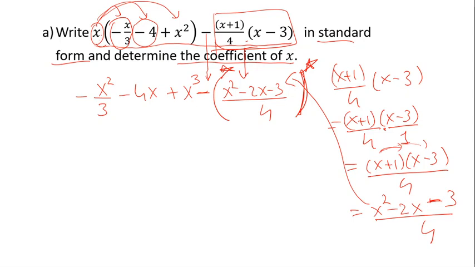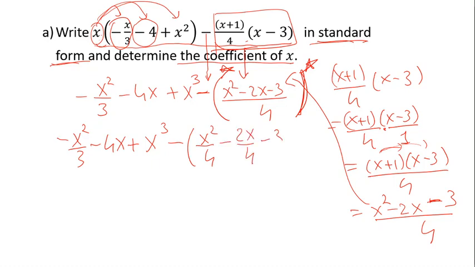Now, when writing the polynomials in standard form, you should try to separate all the powers of x. Like you have x squared here, so you have to separate. I will write this one as x squared over 4, and I will write it as one individual term, so 2x over 4 and then negative 3 over 4.